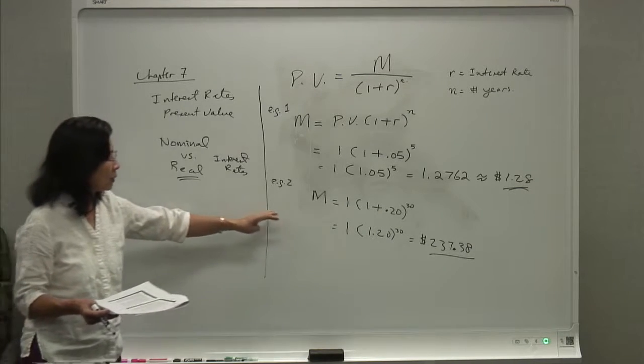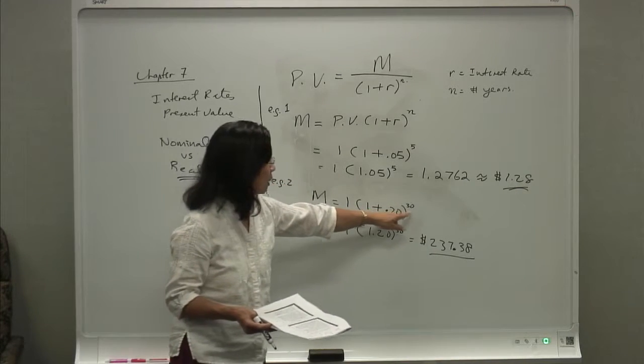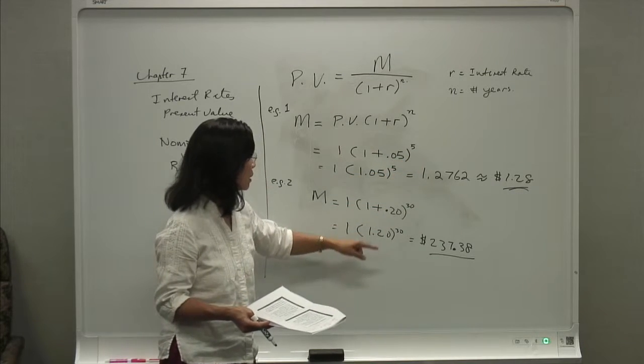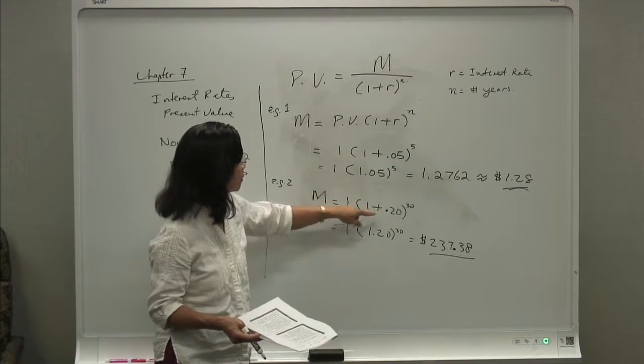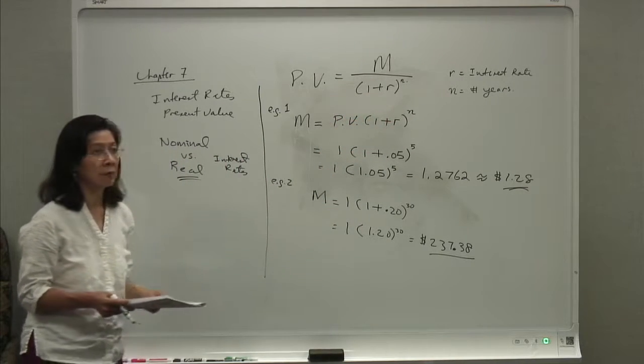So that's how you would do it. The number of years is what you raise it to the power of, 30 years versus 5 years. And then the interest rate is that little r there. It's your interest rate right there.